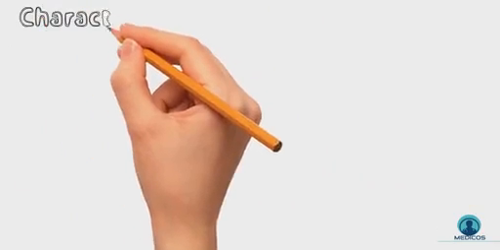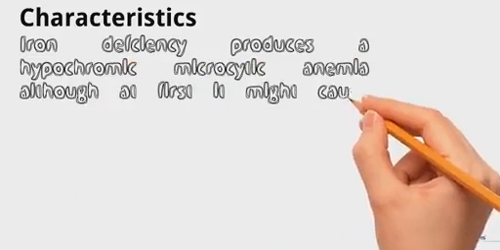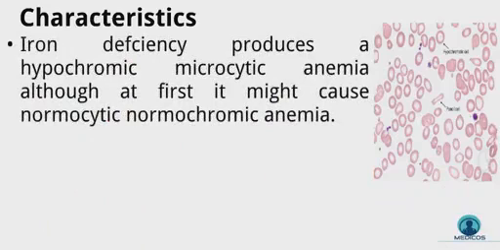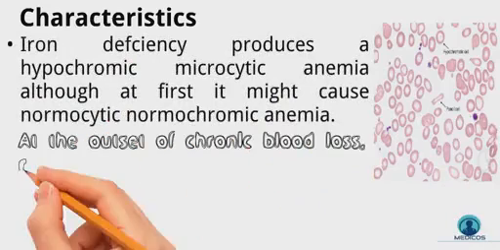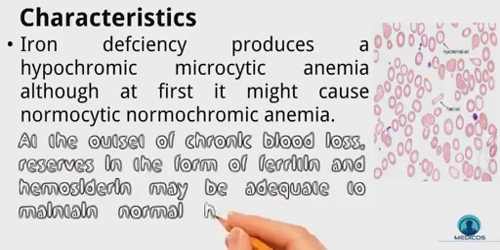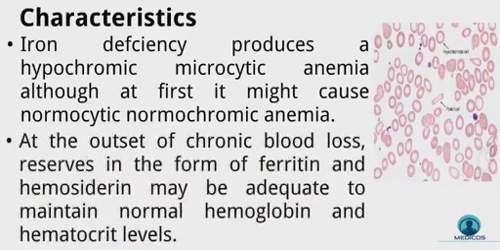Whatever its basis, iron deficiency produces a hypochromic microcytic anemia, although at first it might cause normocytic normochromic anemia. At the outset of chronic blood loss or other states of negative iron balance, reserves in the form of ferritin and hemosiderin may be adequate to maintain normal hemoglobin and hematocrit levels as well as normal serum iron and transferrin saturation.